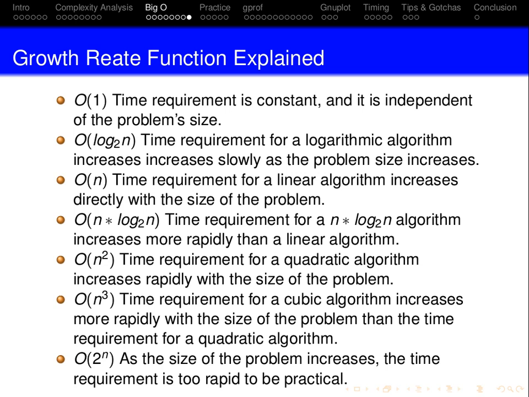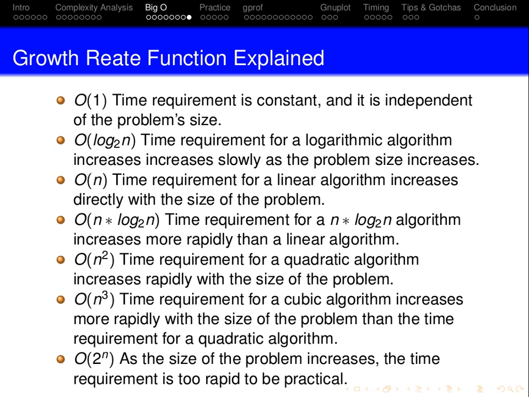It's more rapid than linear, but still significantly less than the next one listed here, which is quadratic. It increases rapidly. N cubed also increases rapidly. And this is really the worst one, O of 2 to the n. The time requirement is too rapid to be practical, is really what it comes down to. AKA, just give up.